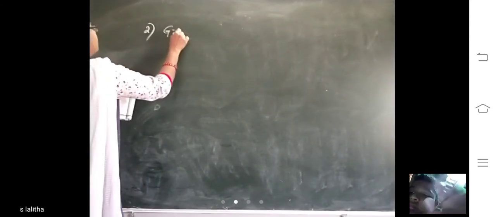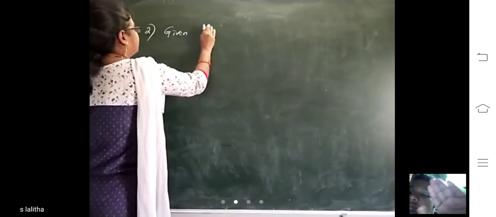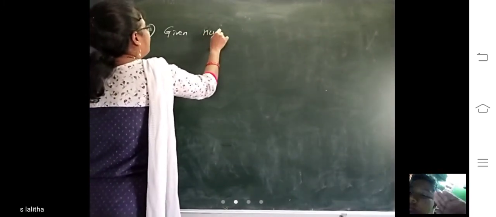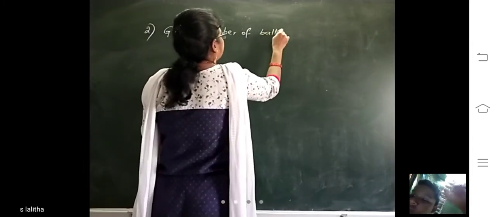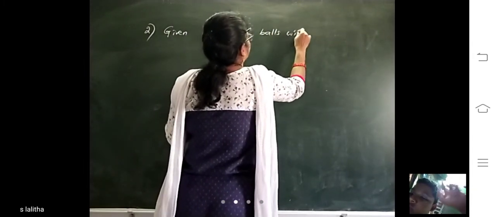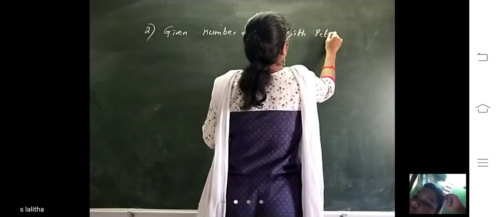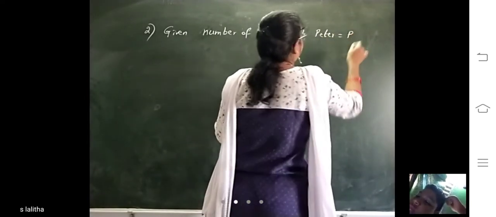Given: the number of balls with Peter is equal to how many? p.